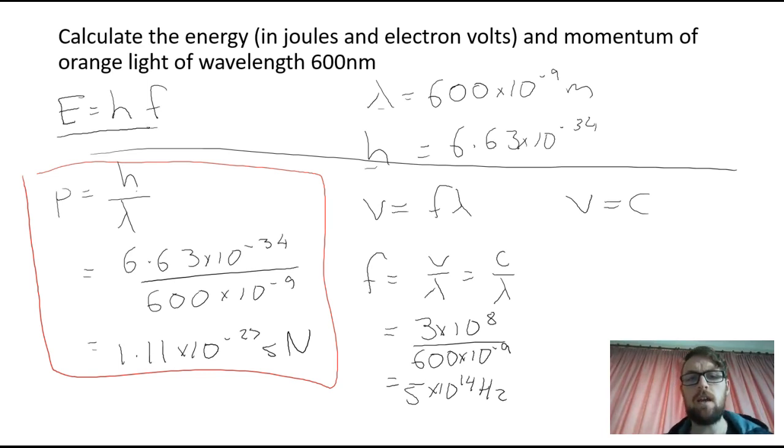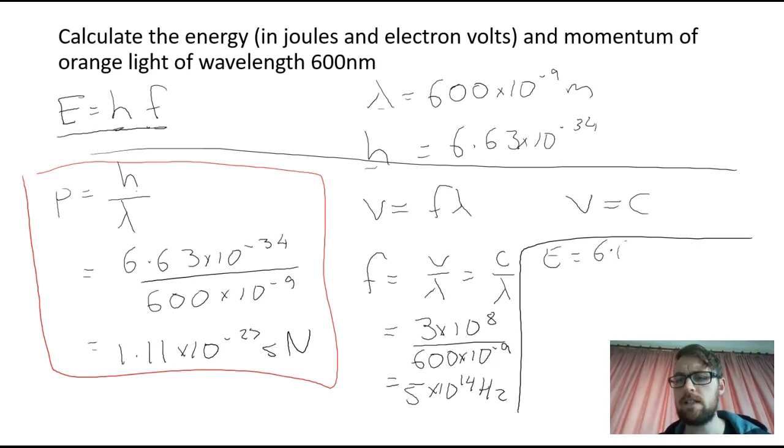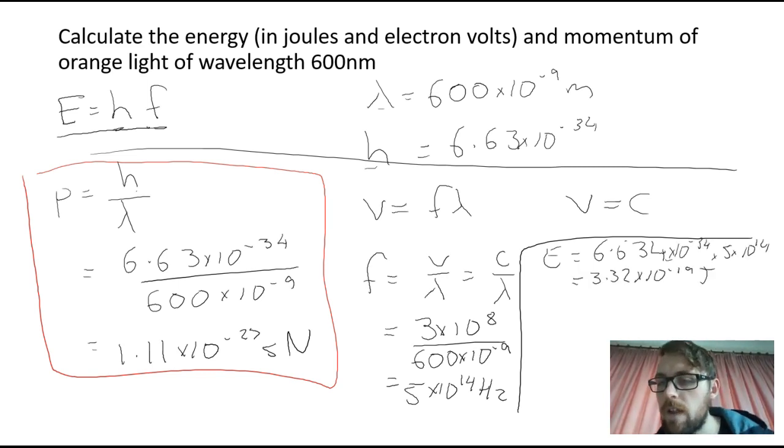So now we know the f, and we know Planck's constant, so we can just put this straight into the equation. So our E equals 6.63 times 5 by 10 to the 14. Oops, I just forgot that 10 to the power of negative 34. If you multiply those together, you get 3.32 times 10 to the negative 19 joules.